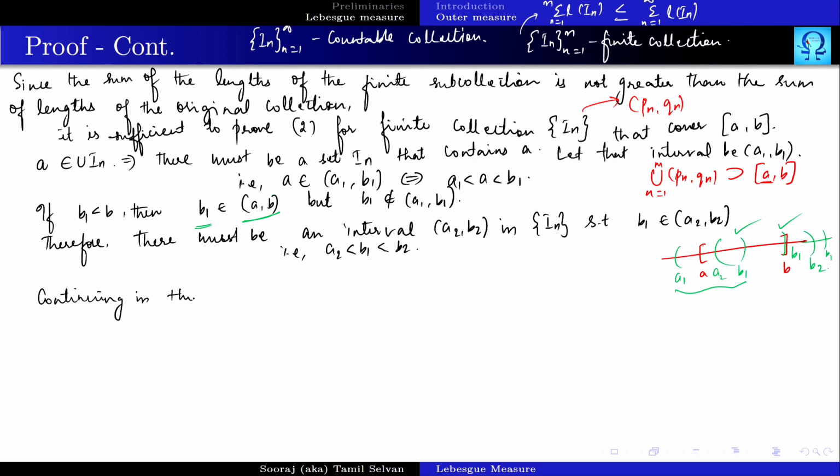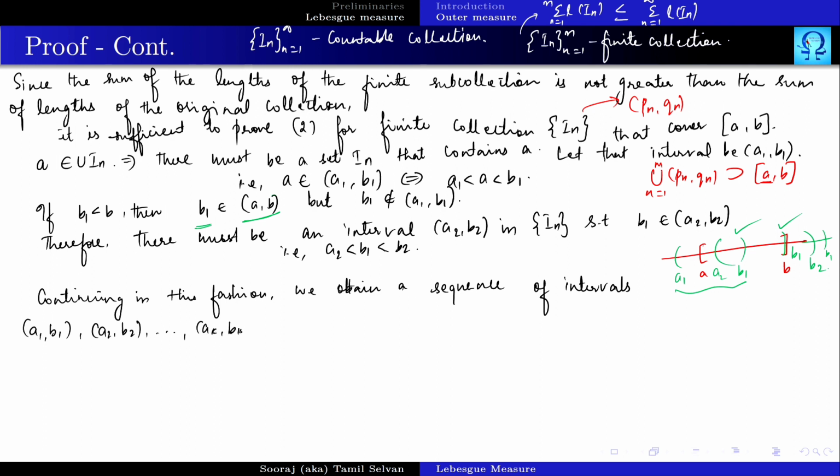Continuing in this fashion, we obtain a sequence of intervals (a1, b1), (a2, b2), till (ak, bk) from the collection such that a_i is smaller than b_{i-1}, which is smaller than b_i.